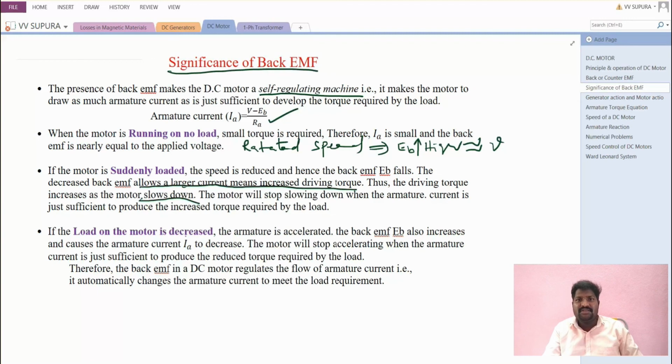Due to the reduction of force, the speed will reduce. The motor will stop accelerating, that means reduction in the speed. So the back EMF in a DC motor regulates the flow of armature current, and it automatically changes the armature current to meet the load requirement. That's why it is known as a self-regulating machine.